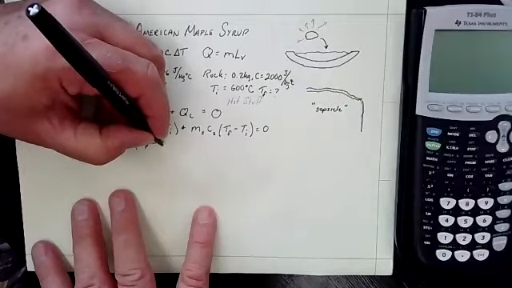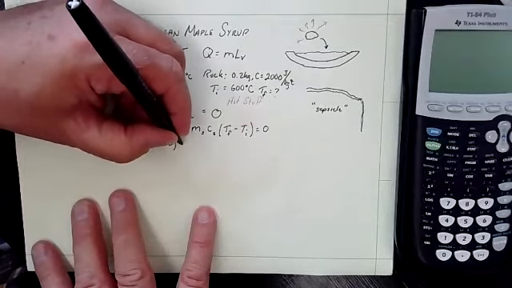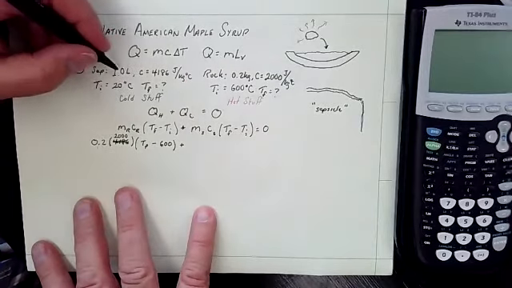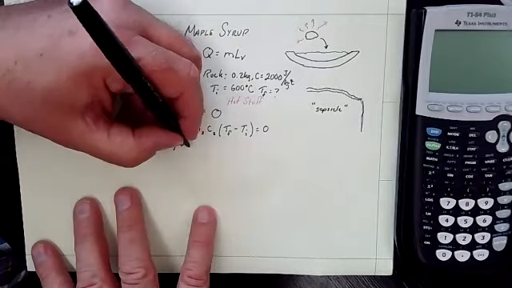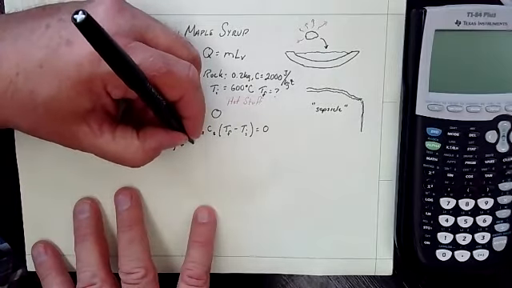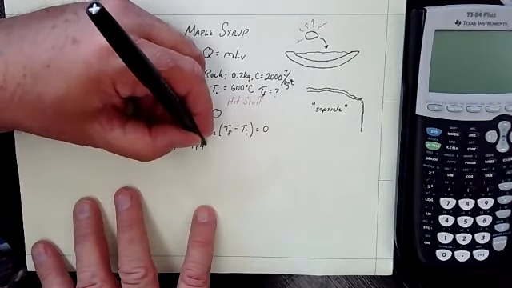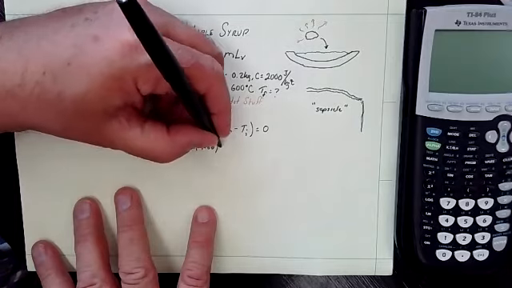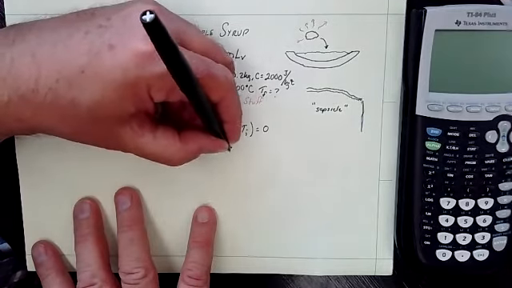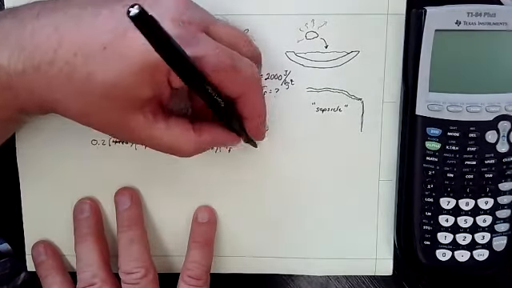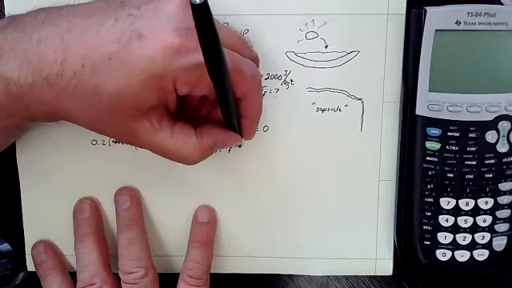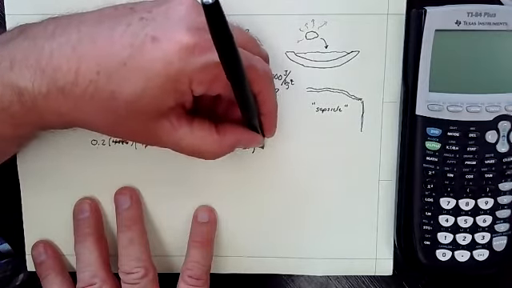But the initial temperature is 600. Plus, now we're talking about the syrup and we're treating it as so much water. 1 liter has a mass of 1 kilogram. So that's going to be 1 times 4186. The final temperature we don't know, but these two will be the same. So we're only solving for one variable. And then minus 20. And then that's equal to 0.